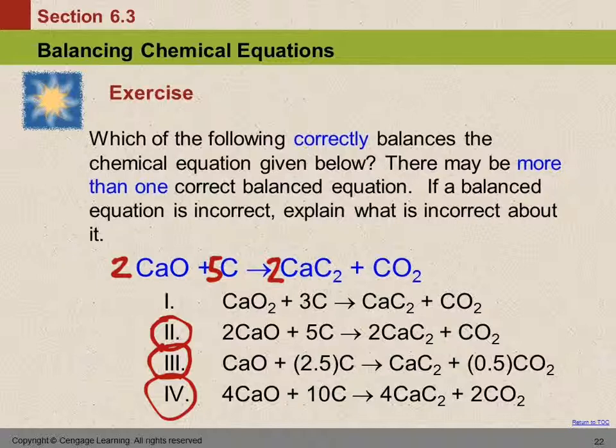Well, technically it's balanced, but it's not. They put a 2 in here. You can't do that. Because calcium and oxygen form a compound in which there's 1 calcium and 1 oxygen. You can't have CaO2. So this one is balanced, but it's not correct because they changed the formulas, and you just can't do that.